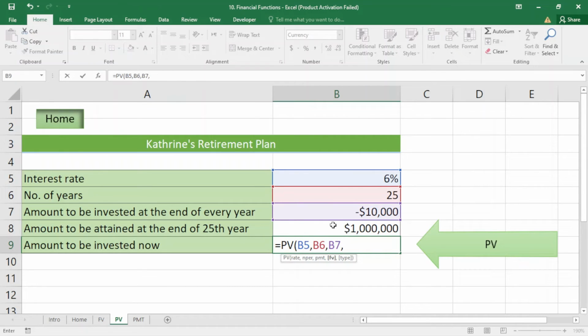So the future value, she wants to have $1 million at the end of 25 years.